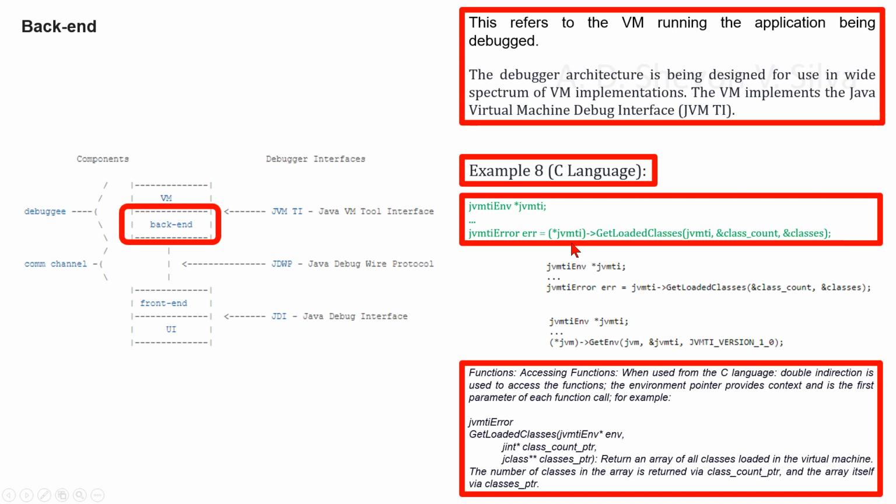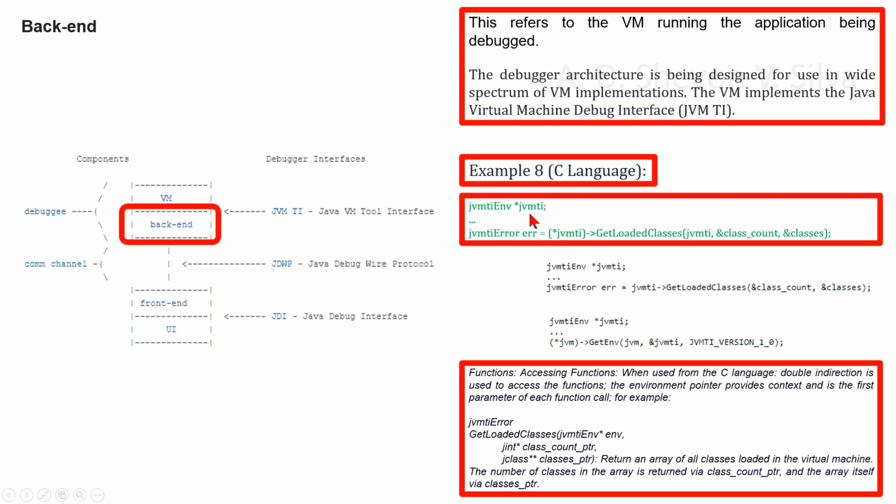An environment pointer is a pointer to an environment and has the type jvmtiEnv*. An environment has information about its JVMTI connection.